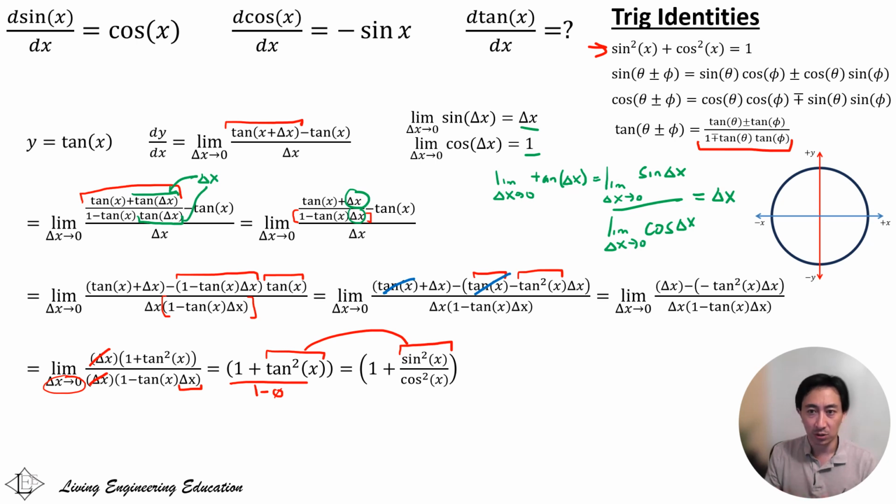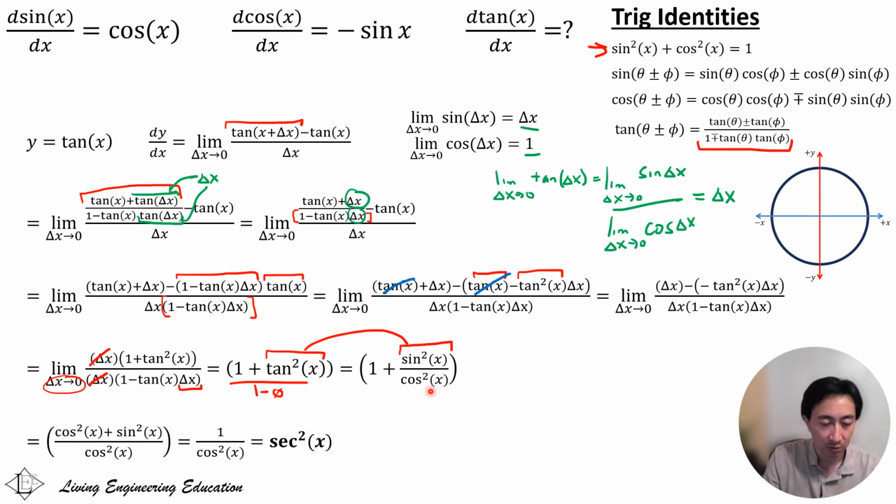So sine squared plus cosine squared equals 1 shows up a lot. So we can force that to show up here, right? If I make cosine squared a common denominator, I'm going to have cosine squared plus sine squared over cosine squared, which is forcing that identity right there.